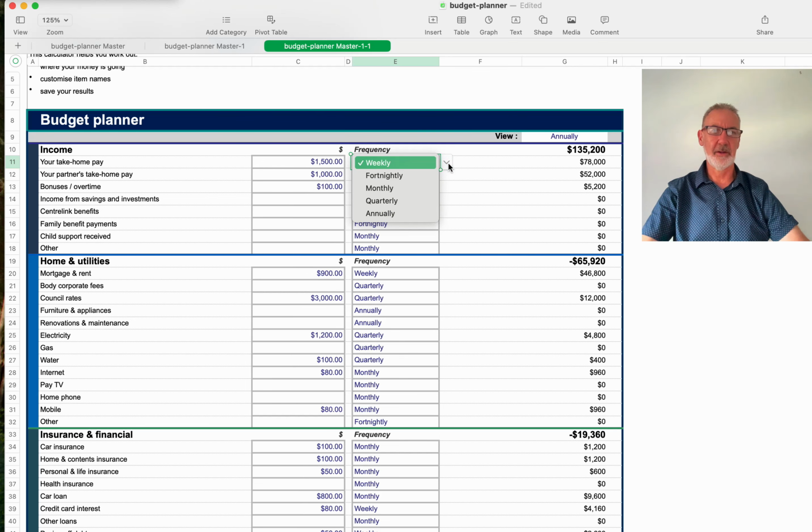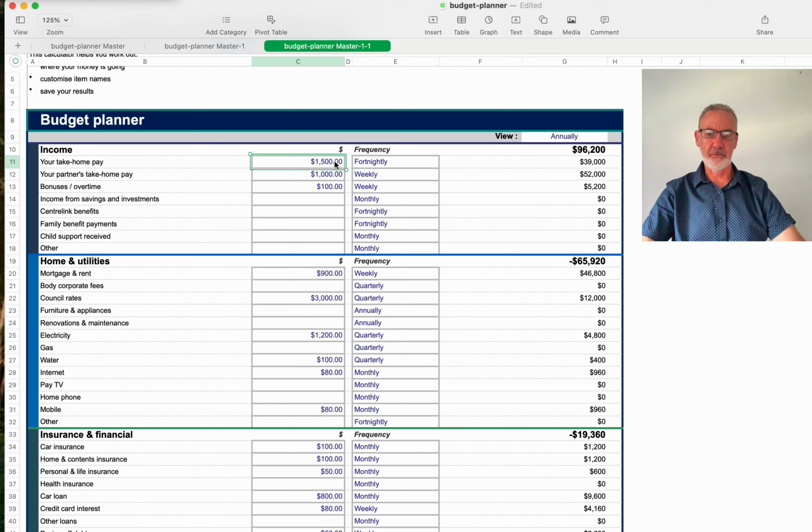If you get paid fortnightly or monthly, you put that in there. So you might get $3,000 a fortnight, and you can put in $3,000 a fortnight. You'll see the annual income over here still remains the same. It's just split into fortnightly, the $3,000, so $1,500 a week. Same principle.